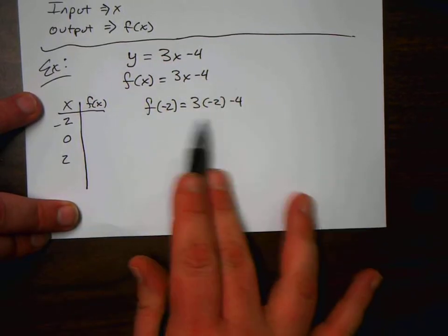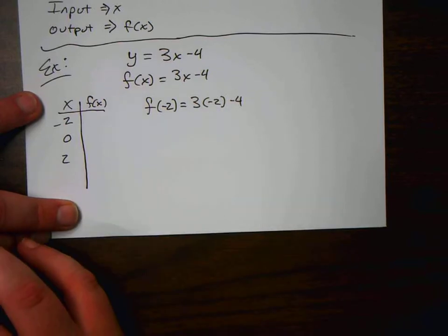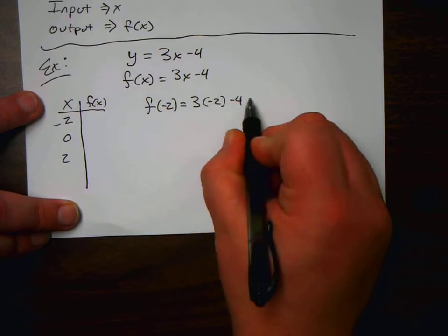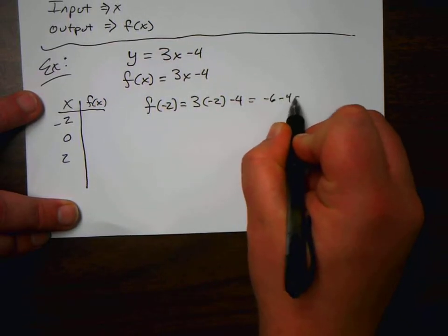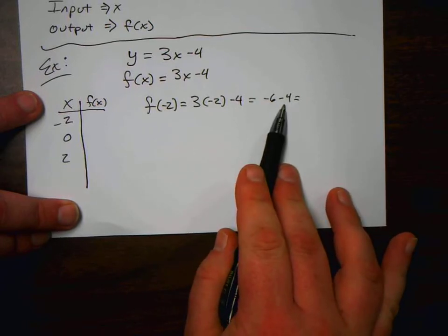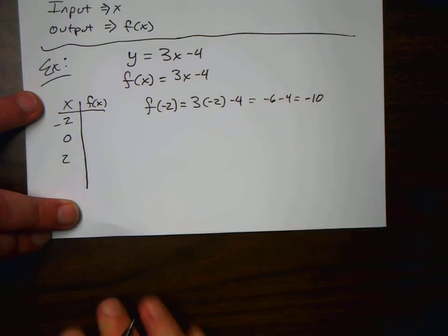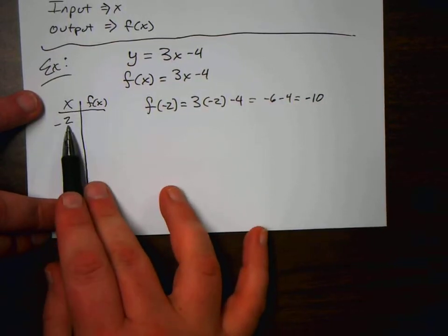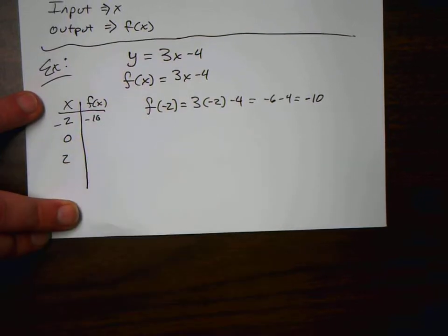Everything else is going to stay the same, except for x. Now I can simplify this a little bit. 3 times -2 is -6, and -6 minus 4 equals -10. So on my chart, when x equals -2, f of x equals -10.